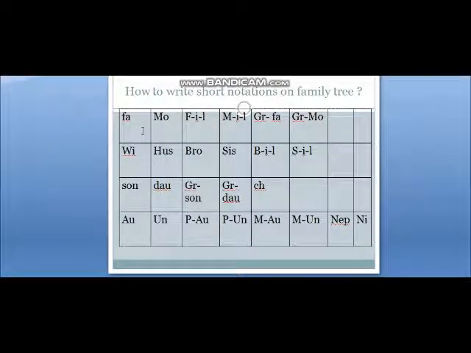For father I am using FA, mother MO, father-in-law FIL, mother-in-law MIL, grandfather and grandmother. Now for wife I am using WI, husband HUS, then bro for brother, sis for sister, brother-in-law and sister-in-law.